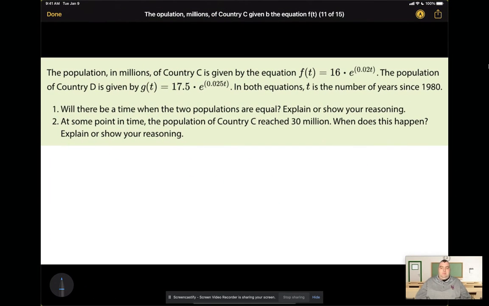Okay. So will there be a time when the two populations are equal? So the answer is yes. Yes, because the two graphs intersect.